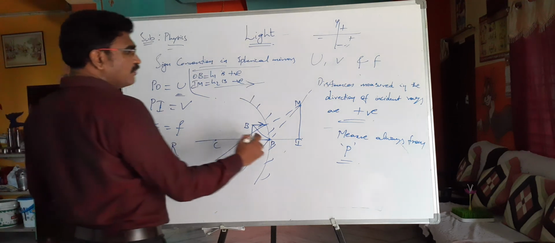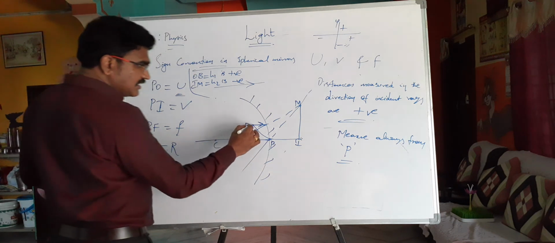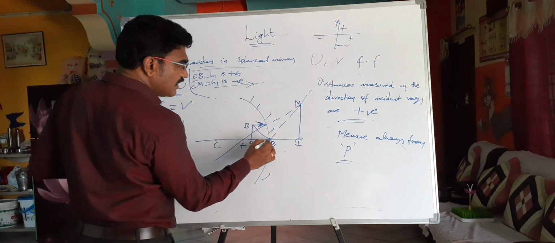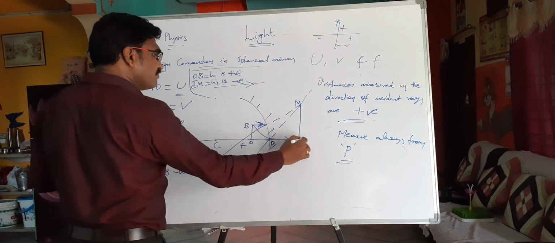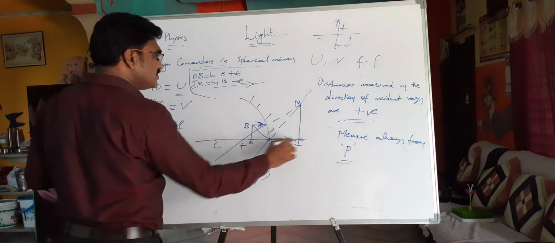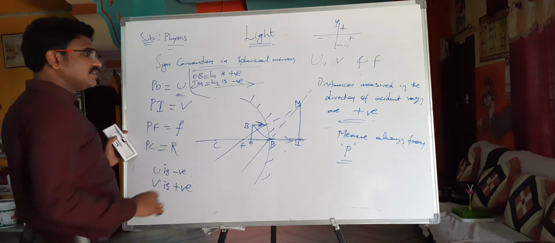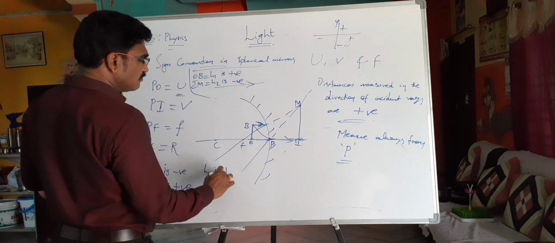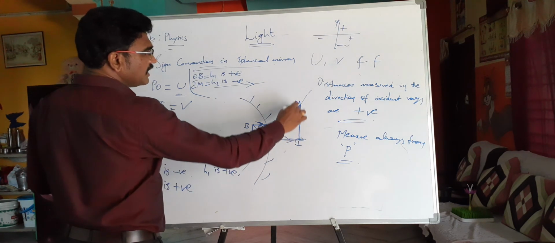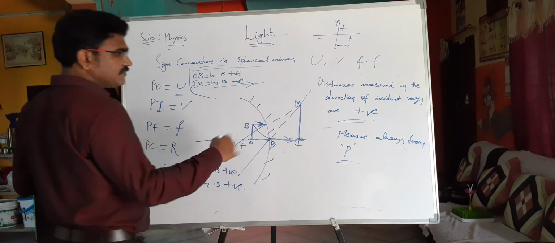Now the image distance, you take PI. Incident rays are moving in this direction and you are also moving in this direction. You are measuring PI, meaning you are moving from here. So here image distance V is positive. Object height H1 is positive. Image height H2 is positive. Simple.